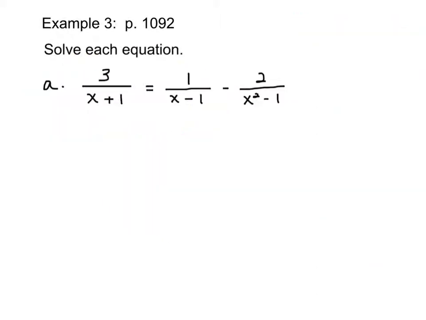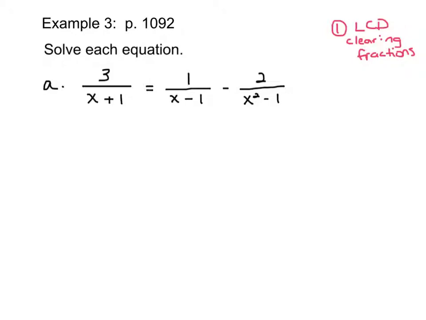In example 3, our first equation, we're going to start solving. Step 1 was to find the LCD and multiply it. And when we're doing step 1, we are clearing the fractions. So it starts out as a rational equation, but you're going to multiply and clear out the fractions and end up with just a simple equation.